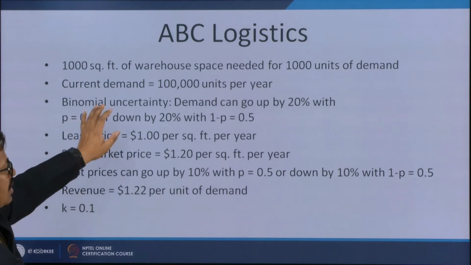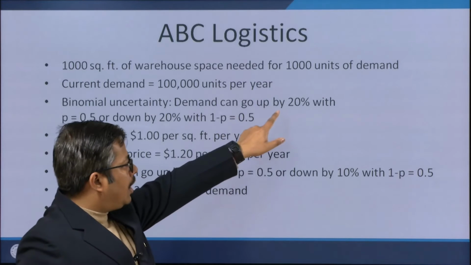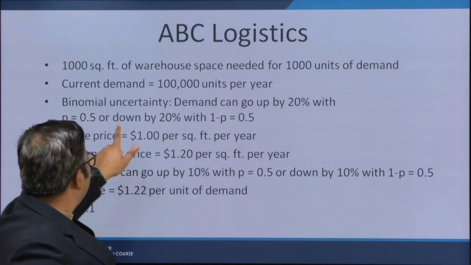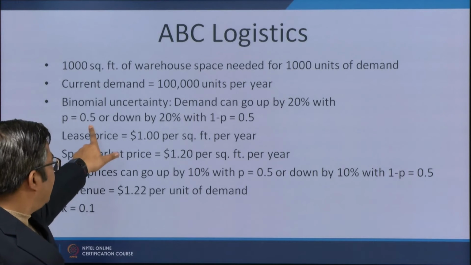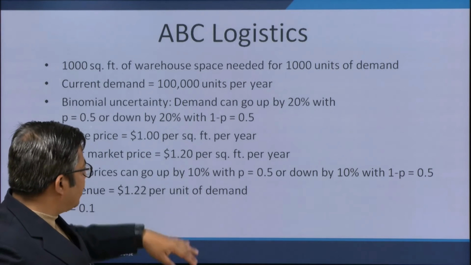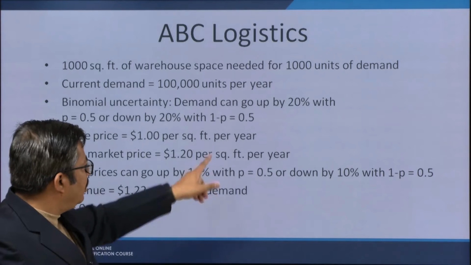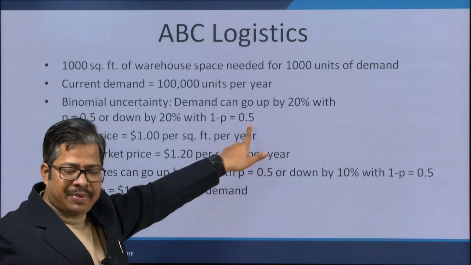The binomial uncertainty is that demand can go up by 20% with a probability of 0.5, and demand can also decrease by 20% with a probability of 1 minus p, that is again 50%.